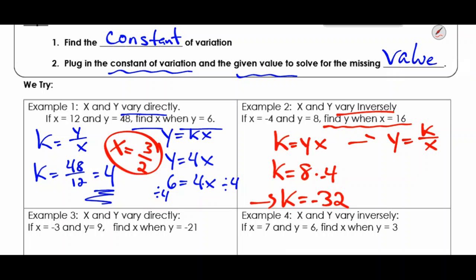If you forget this equation, you can always use this one. They're the exact same thing, just rearranged. I need to find y when my constant is negative 32 and my x value is 16. And so y has to be negative 2.